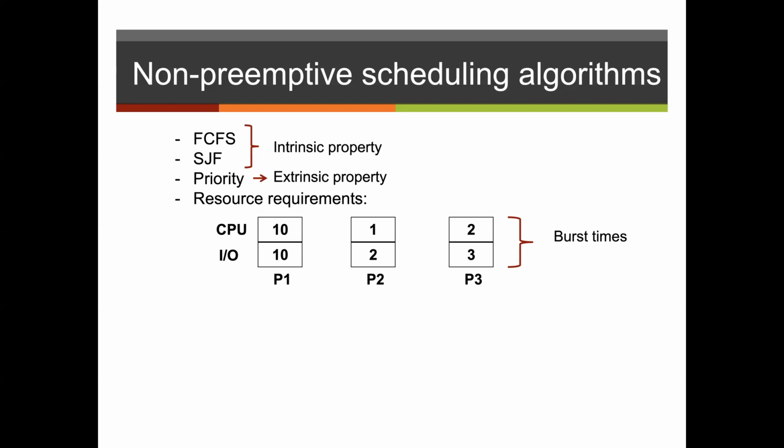And for P3, we see a CPU burst time of 2 and an IO burst time of 3. Keep in mind that the CPU burst is representative of the continuous CPU activity by a process before it requires an IO operation, while the IO burst time relates to the activity initiated by the CPU on an IO device.